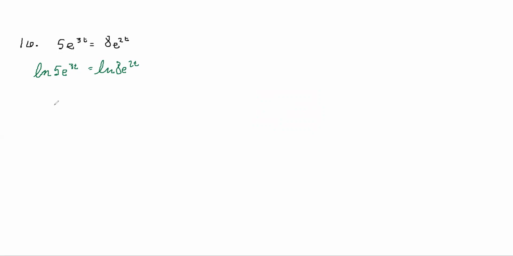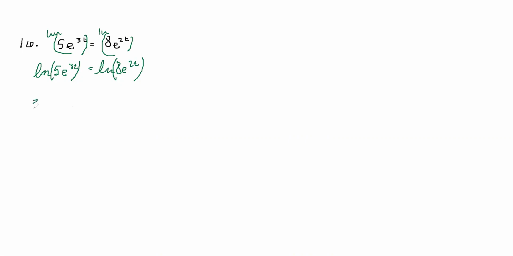Try and isolate probably e^(3t), divide by the natural log of 5. Well, this is the natural log of all of this, right? Oh, because I took the natural log of this whole thing. Oops. First things first, we're going to bring down this exponent because that's just going to make things really complicated. By taking a natural log, we can do that.